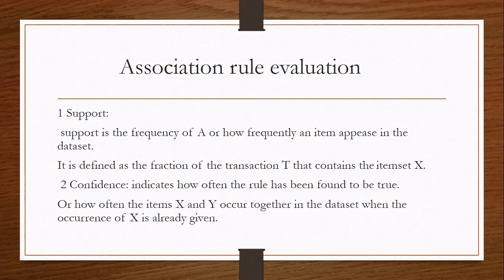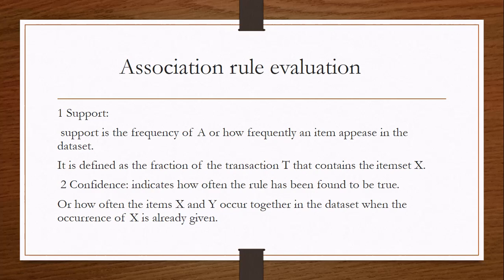The formula is support of X is equal to the frequency of X, that means how many times X occurred divided by the total number of transactions. And it is also defined as the fraction of the transactions T that contains the item set. As I said, the frequency of the item X divided by the total number of transactions.